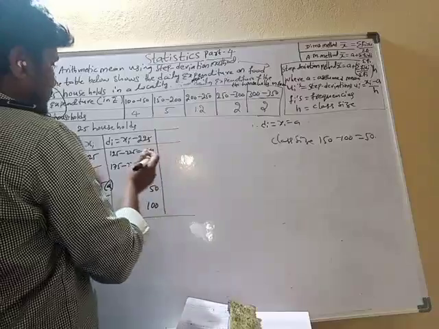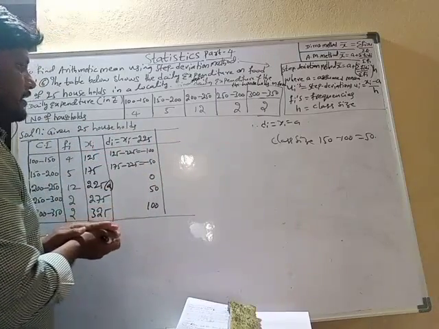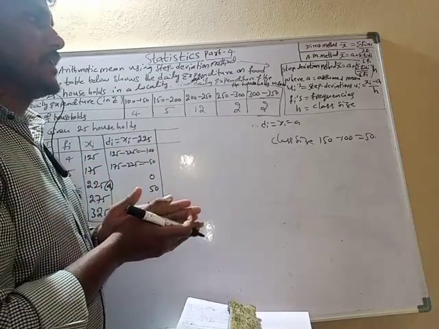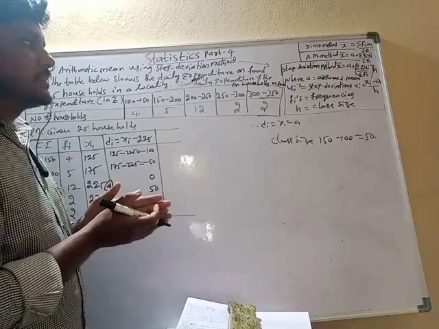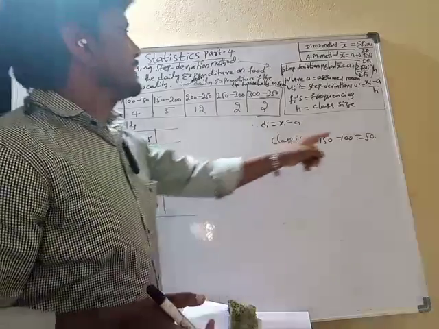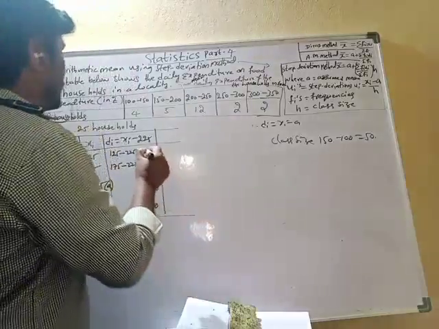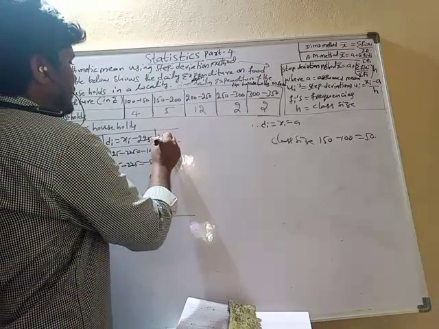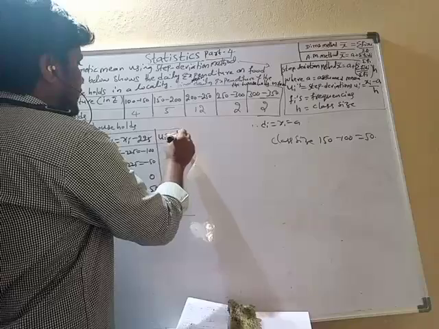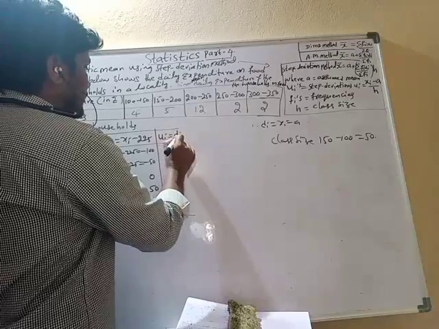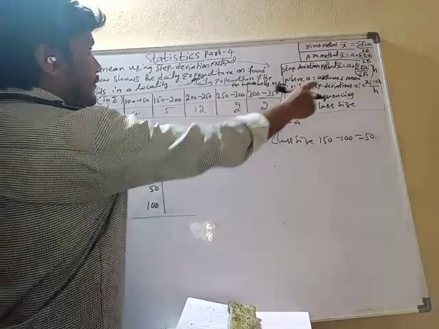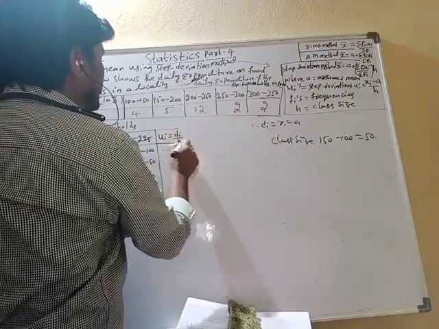These di's are all multiples of the class size, that is h. Then you have to define ui is equal to di by h, where di is nothing but xi minus a.